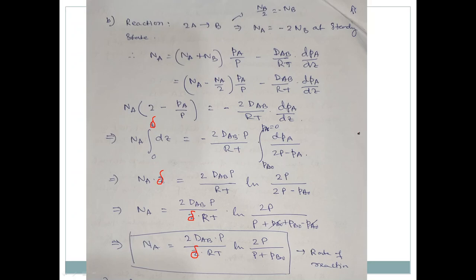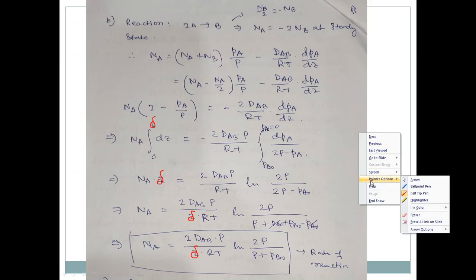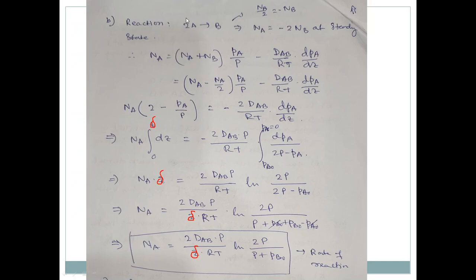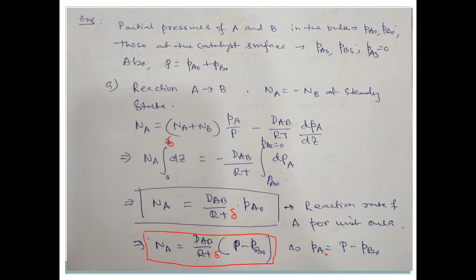So if you see what will be the expression for non-equimolar, it totally depends on the stoichiometry of the reaction or the stoichiometry of the diffusion process. So it is very case specific, but in the equimolar case it will always be this, no problem.